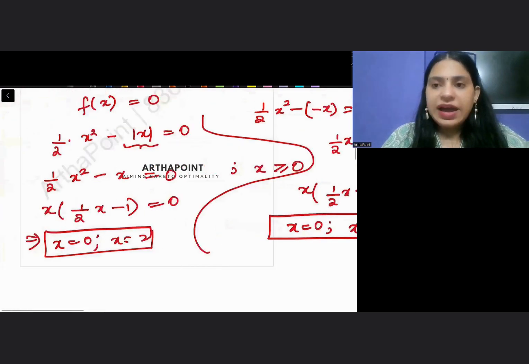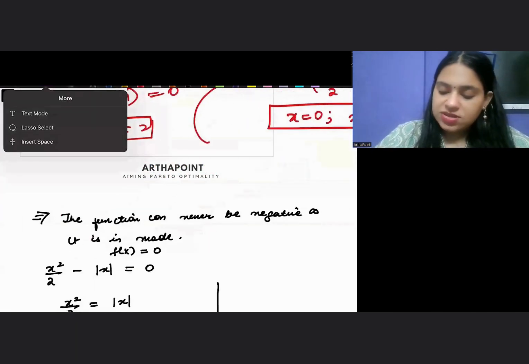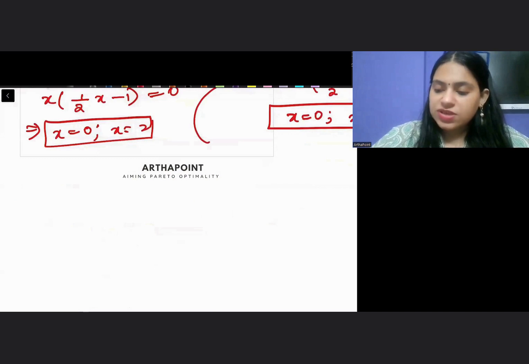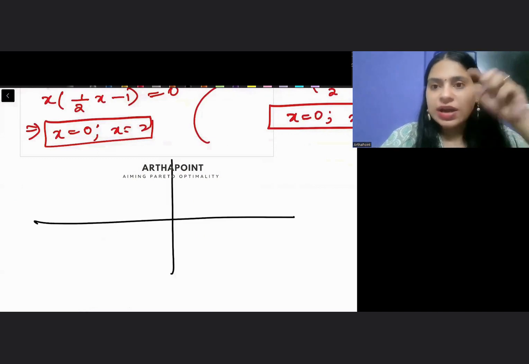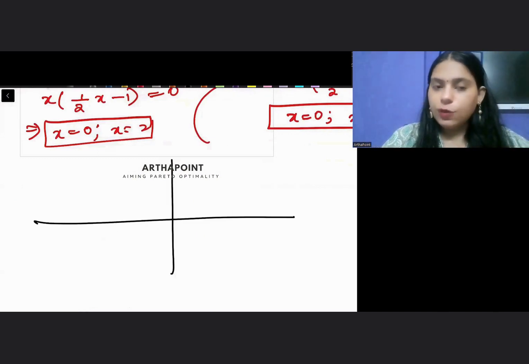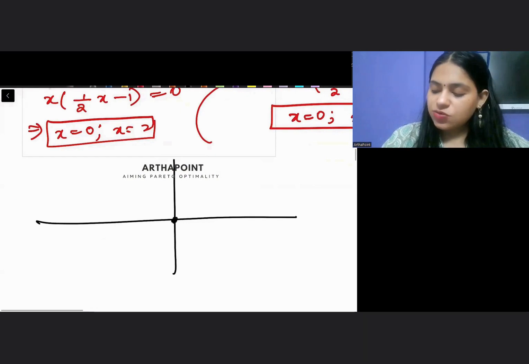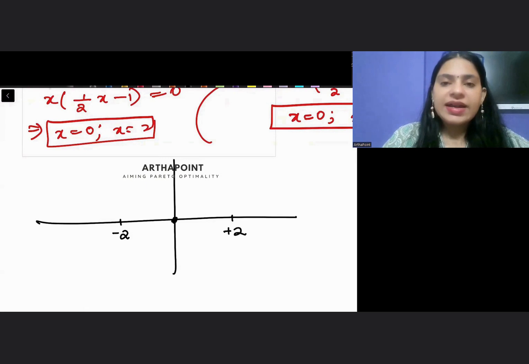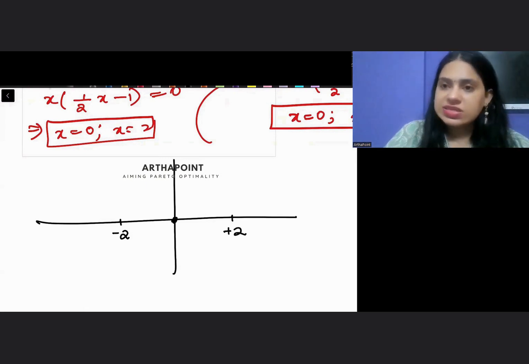So from here, I have got 3 values of x. That means my function gets a value 0 whenever x is 0, whenever x is minus 2, or whenever x is plus 2. At these 3 points, the value of my function is going to be 0.